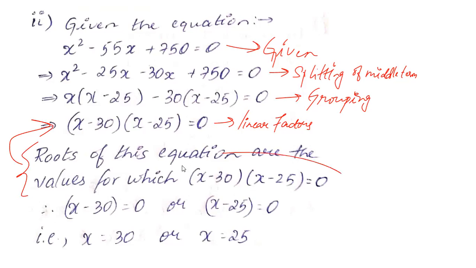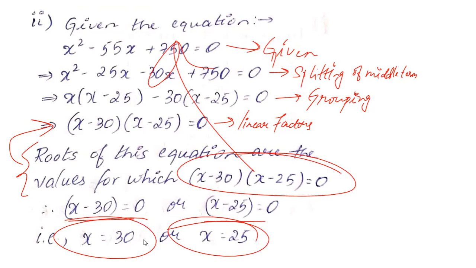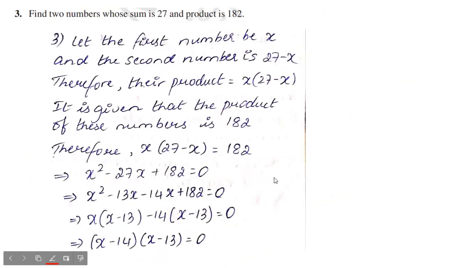And this is the representation of the quadratic equation into linear factors. Then equate both the linear factors to 0 and get 30 and 25. These are the roots of the quadratic equation. Third question.